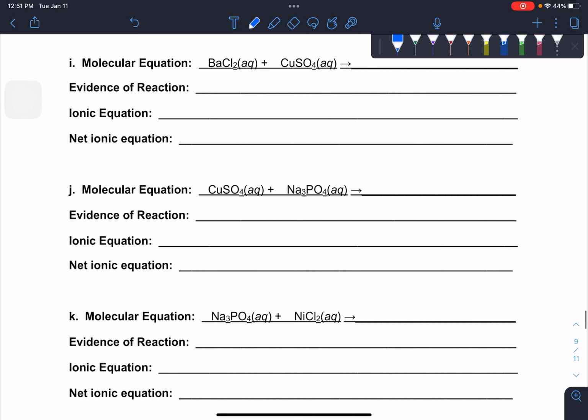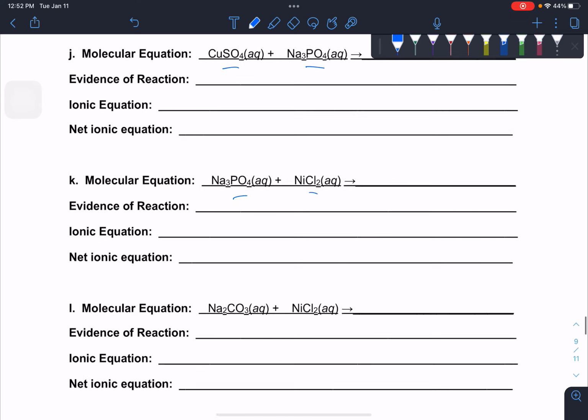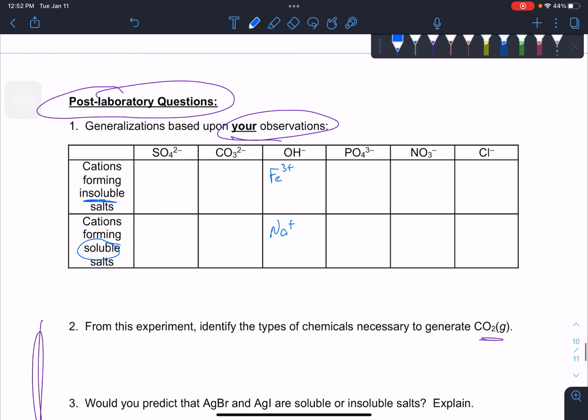For the chart with phosphate and sulfate, even chloride, there's probably going to be multiple ions that you're going to write in here. But again, once you've done the experiments and you're filling out this chart, just use your observation from this lab, and go one step at a time. Ask yourself, well, have I seen any solids form with hydroxide? Yes. Have I seen any soluble salts with hydroxide? Yes.